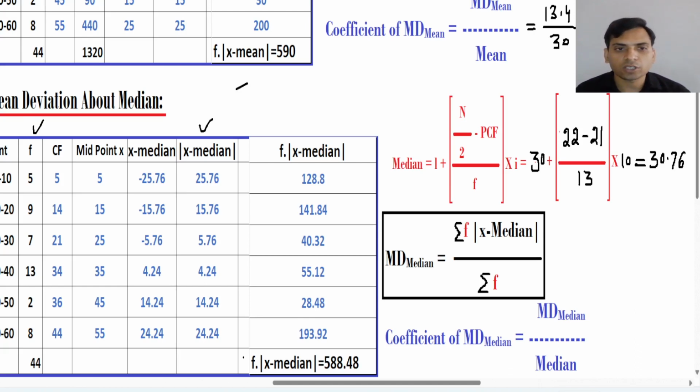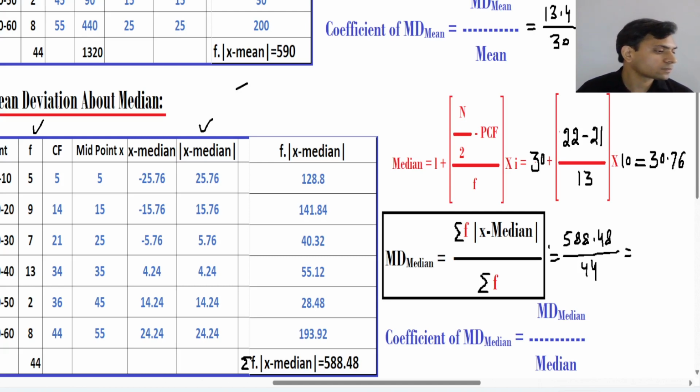The summation of this is 588.48, and this is divided by summation f. Summation f is 44. So you will get the mean deviation about median as 13.37.